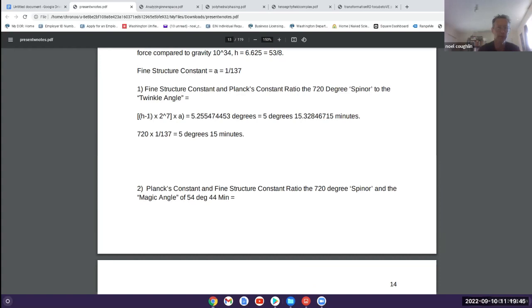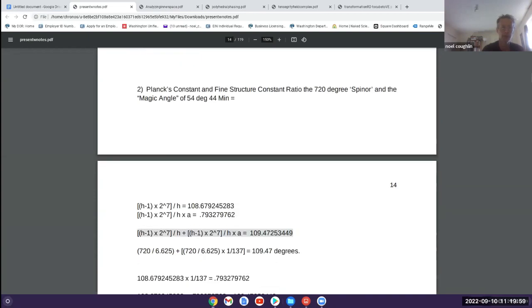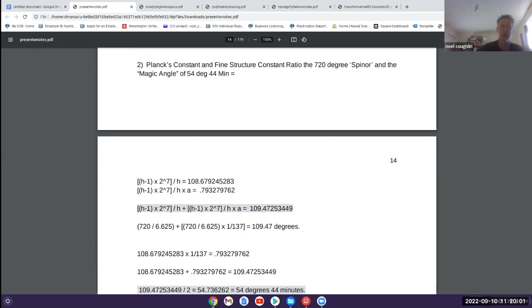When you take 6.65 minus 1 times 2 to the 7th, and then multiply it by 1/137th, it equals 5.255, and that is equal to 5 degrees 15.32 minutes. 720 divided by 137. Planck's constant and the fine structure constant are also related to the 720 degrees of spin of the tetrahedron and the magic angle of 54 degrees 44 minutes.